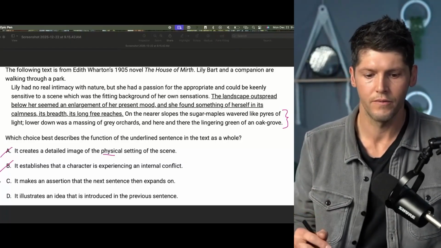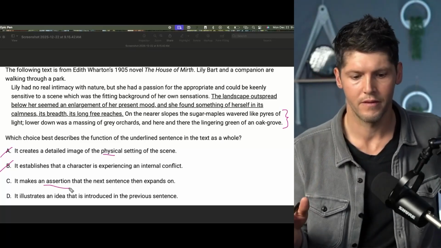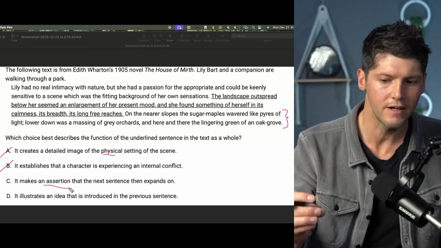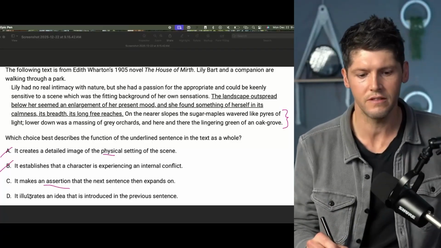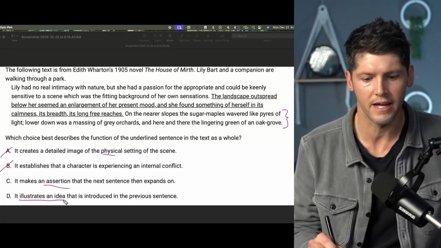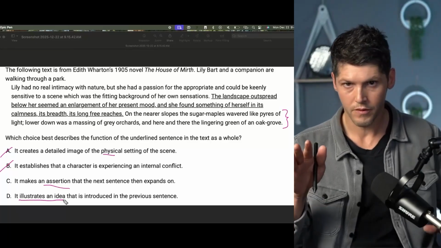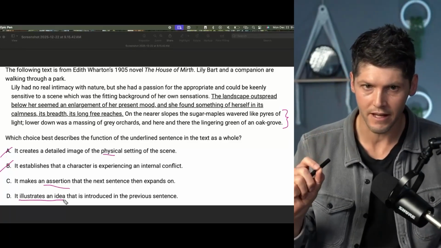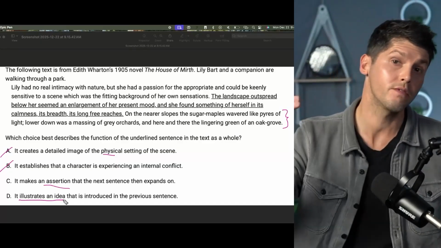Okay, well, what is an assertion? An assertion is a claim. Does this sentence make a claim that is then expanded on? Or, as answer choice D says, does it illustrate an idea that is introduced in the previous sentence? So the difference is D says that there was an idea, something like an assertion, in the previous sentence.